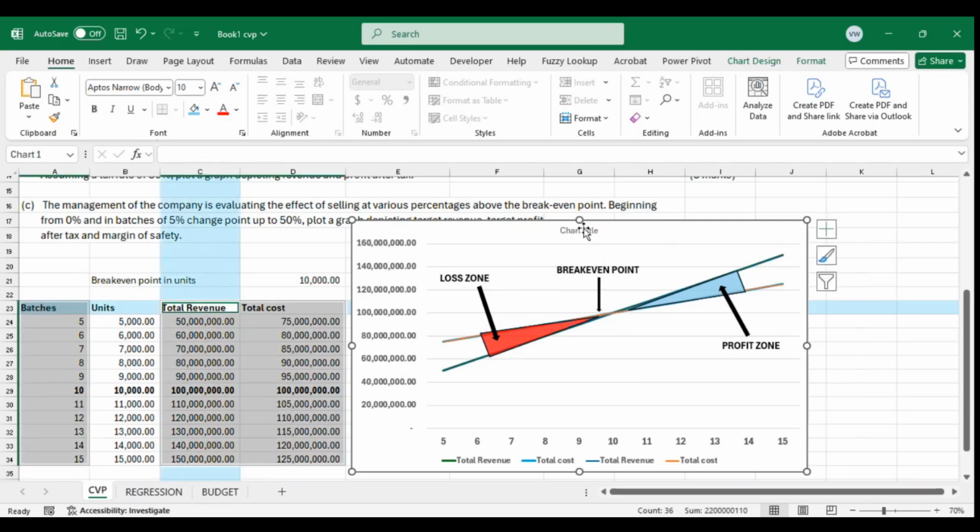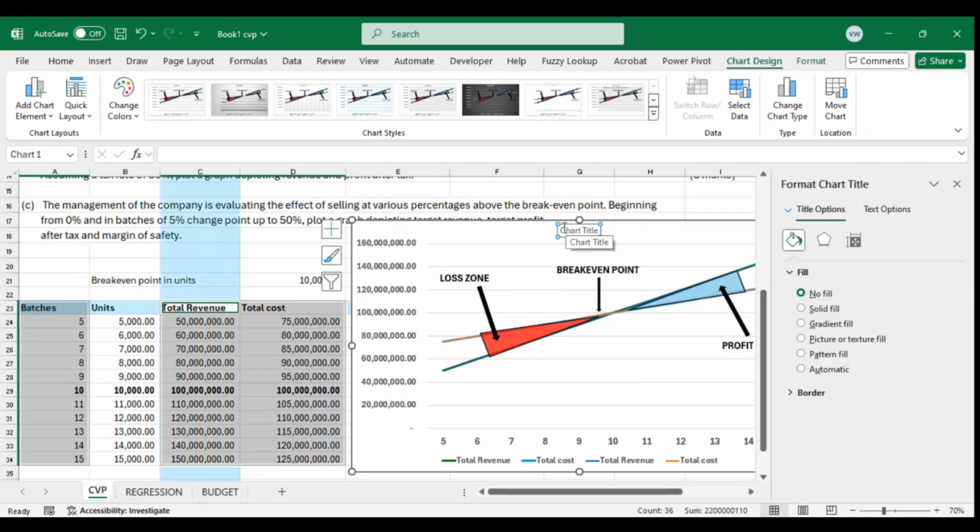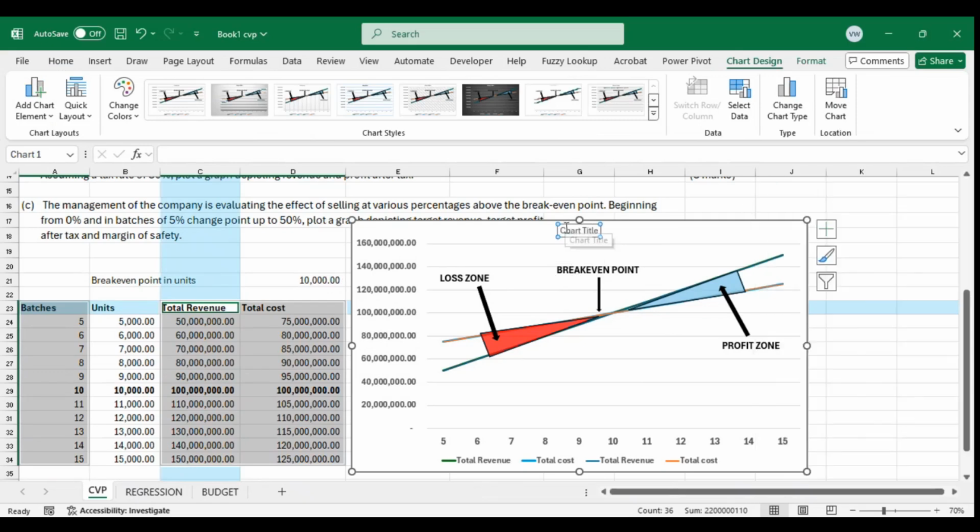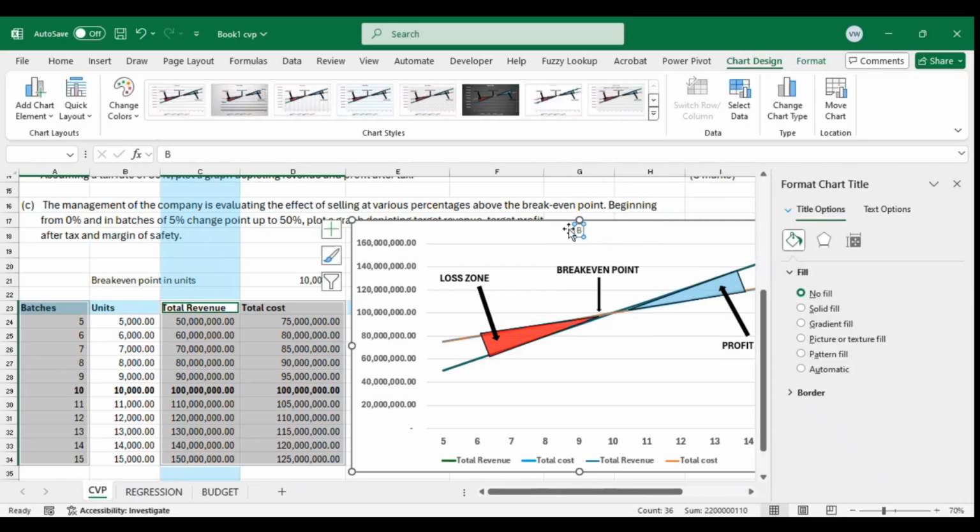Then our chart, we can give it a title and say break-even chart showing the profit and loss zone, probably something like that.